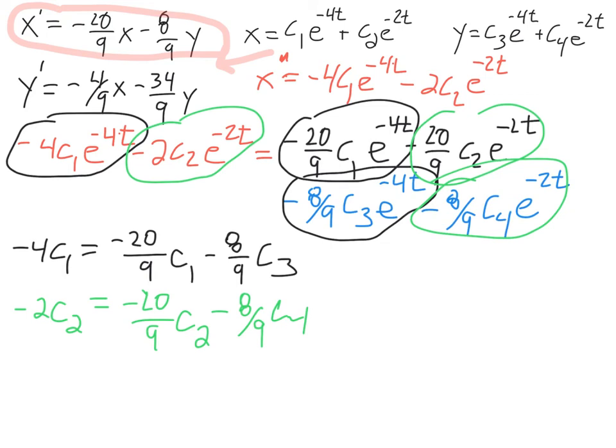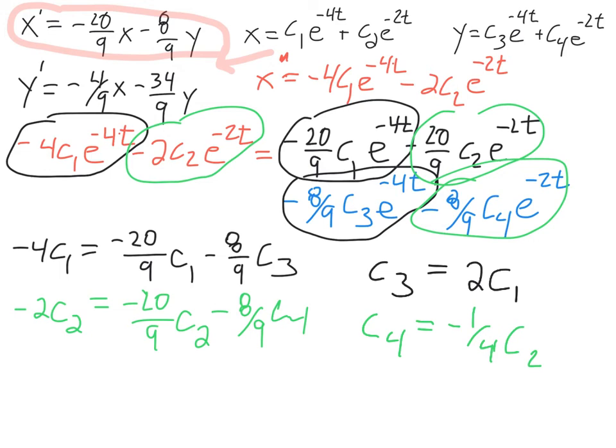And so from this green equation, we can solve for C4. This is going to tell us that C4 is equal to minus 1/4 C2. And from the black equation, we could solve for C3, and this would tell us that C3 is equal to 2C1.